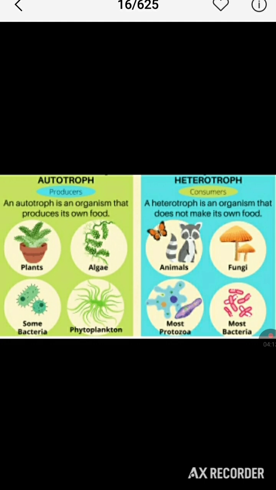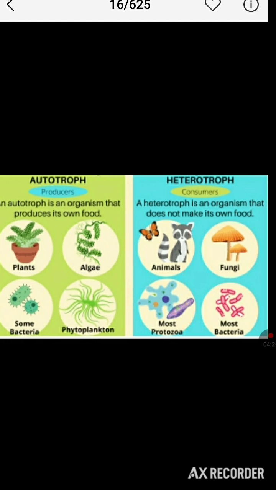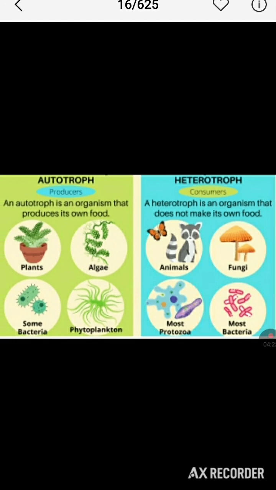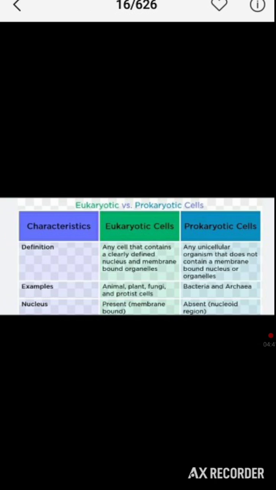So plants are the best example of producers or autotrophs. The second term is heterotroph. Heterotrophs are those organisms that do not make their own food. They depend directly or indirectly on other organisms for food and nutrition. Animals, fungi, most protozoa, and bacteria are examples of heterotrophs.